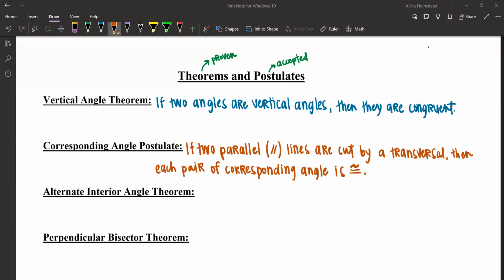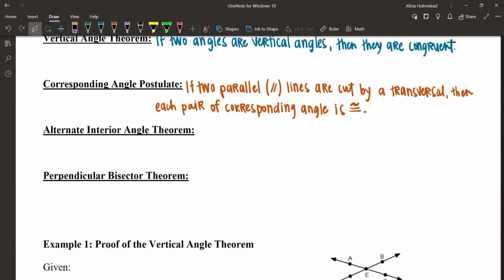Okay, and the next theorem we're going to talk about is the alternate interior angle theorem. As you've seen, these are not things that are new to you, but they're just theorems themselves. So we need to show that they're theorems.